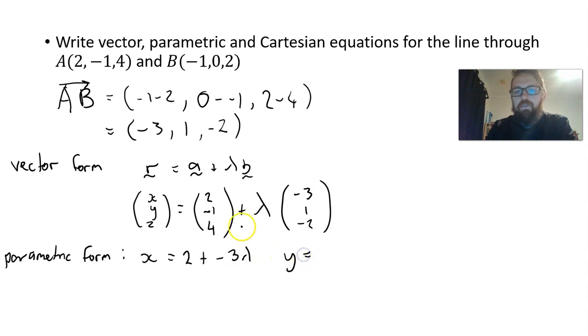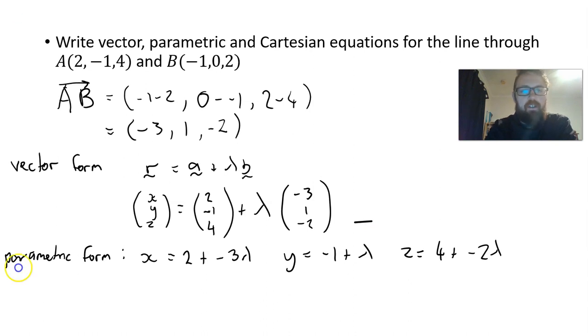Our y equals, we go to the next line, negative 1 plus lambda, because 1 times lambda is just lambda, and our z equals 4 plus negative 2 lambda. And that's our parametric form. We just read across our lines there.